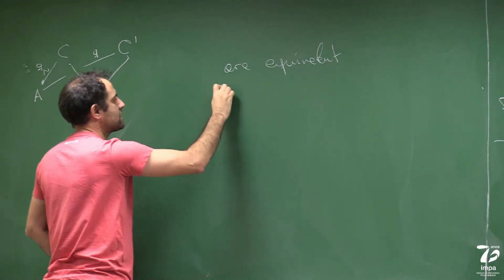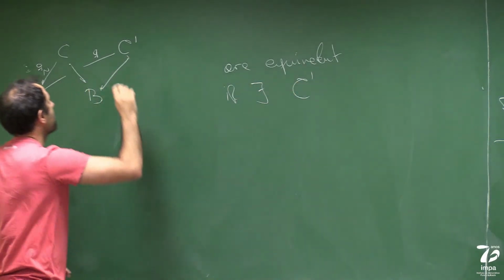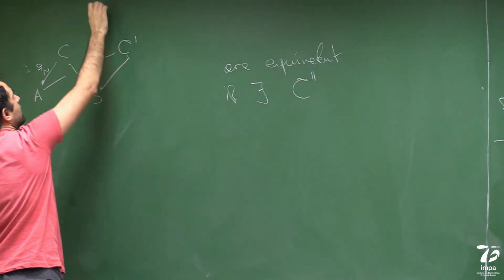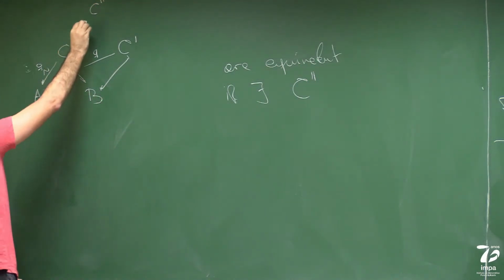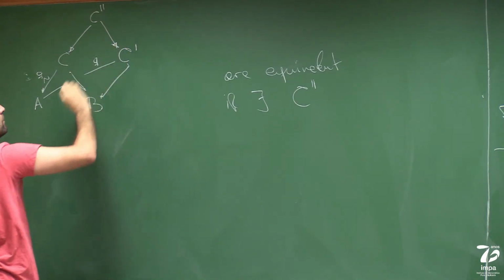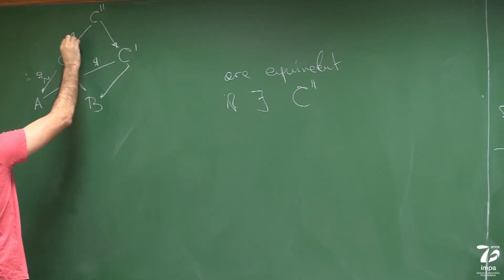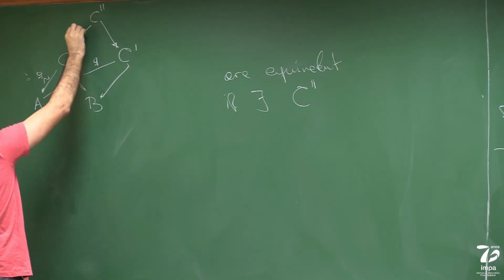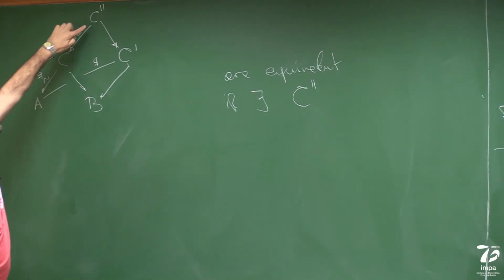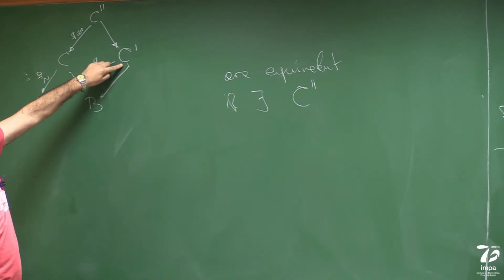If there exists some C prime, some C second prime fitting here like this. So it's a diagram like this, where this is a quasi-isomorphism. So this is very similar to what I did there. This C second prime gives you a map from C to C prime in the derived category.